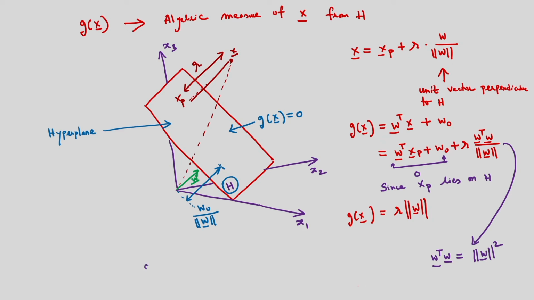From this, the meaning of Gx I can write: Gx is the distance of the vector X from the hyperplane H, scaled by the norm of the weight vector.